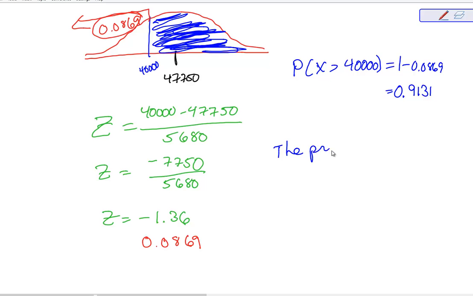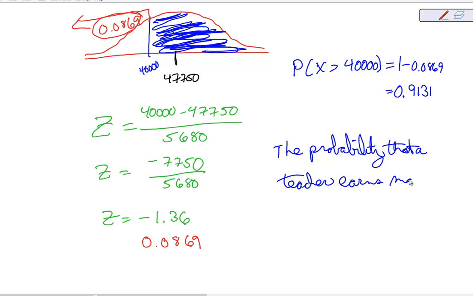So the probability that a teacher earns more than $40,000 a year is 0.9131.